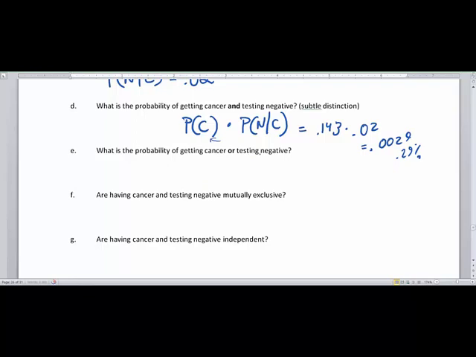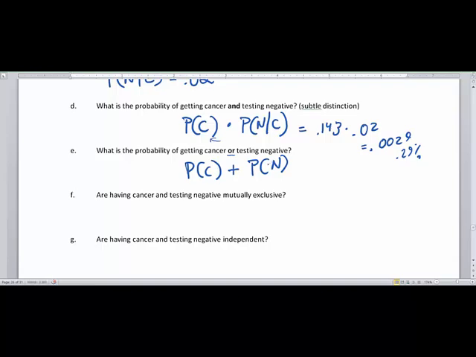Now, here's a fun one. What is the probability of getting cancer or testing negative? Getting cancer is P of C. Testing negative, now notice this is an OR. The OR means that we would add the P of N. But is there an overlap between getting cancer and testing negative?